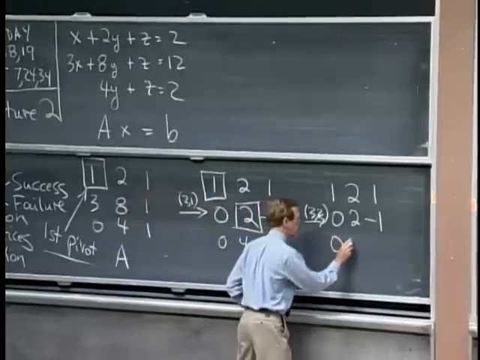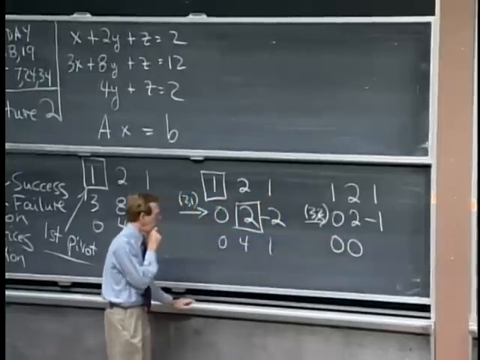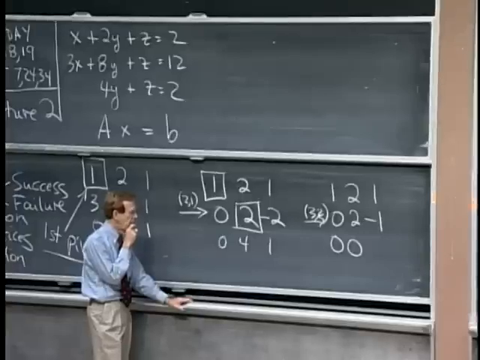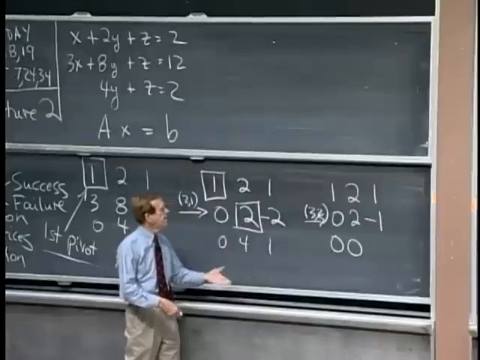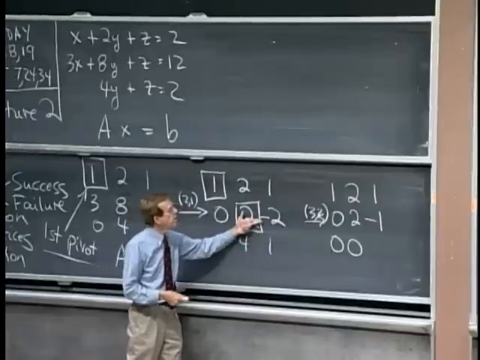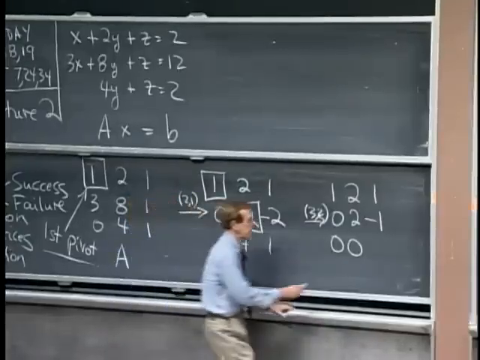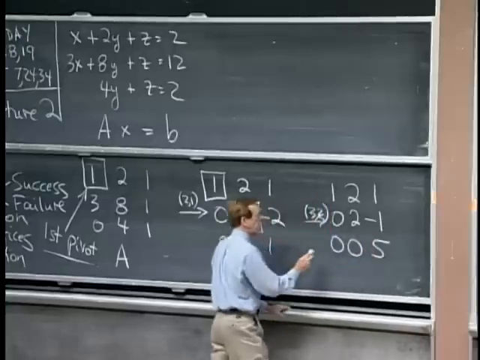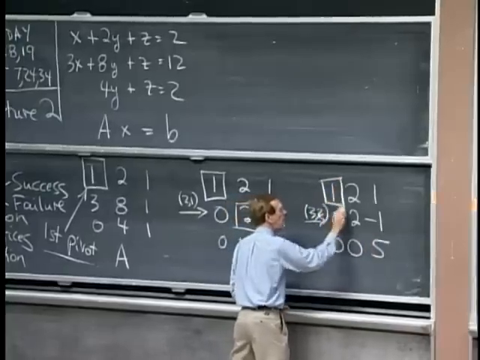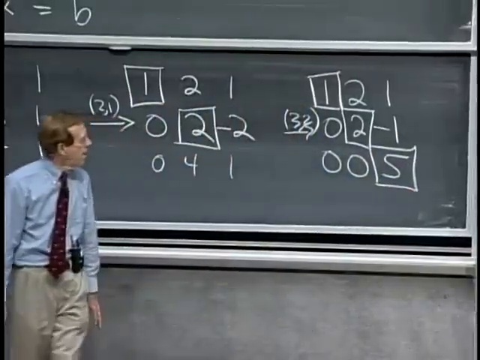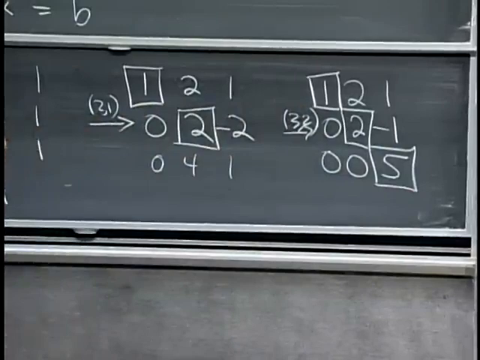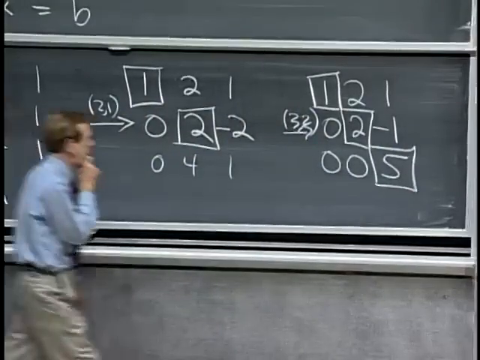So it's 0, 0, and is it a 5? Yeah, I guess it's a 5. Is that right? Because I have a 1 there, and I'm subtracting twice this, so I think it sits a 5 there. There's the third pivot. So let me put a box around all 3 pivots. Did I just invent a -1?